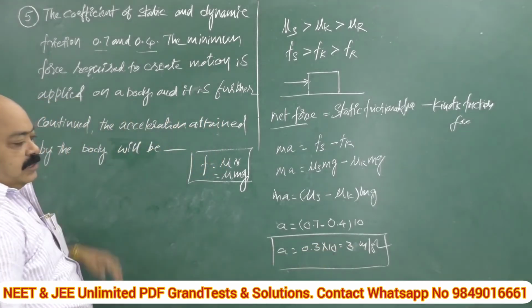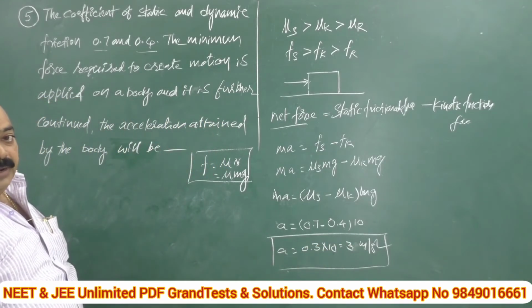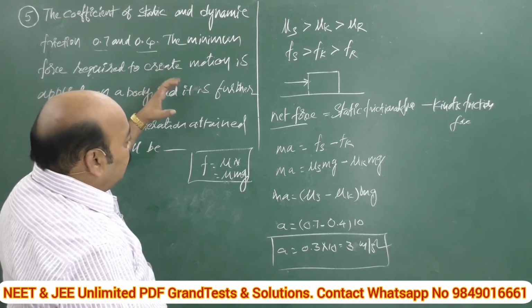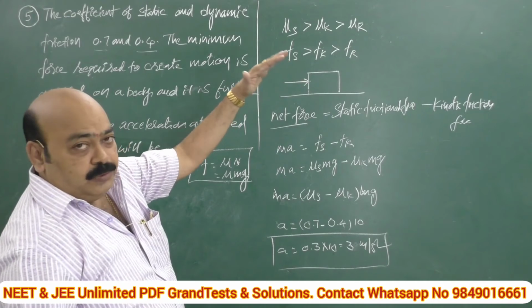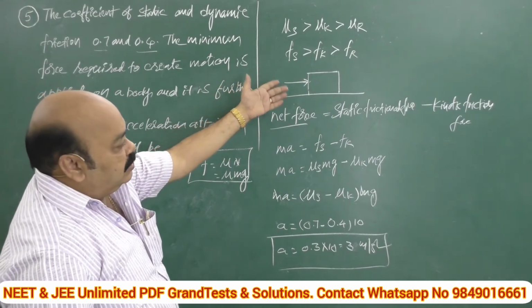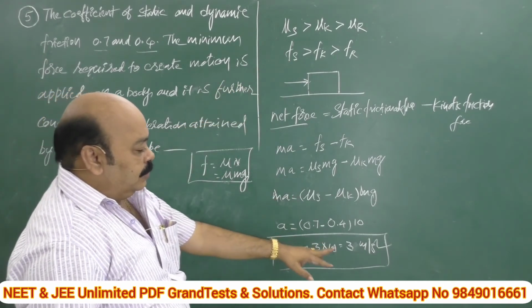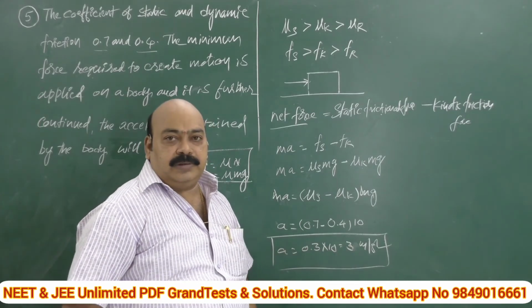It travels with an acceleration of 3 meter per second square. When a force is applied to start the motion of a body and the same is continued, this excess force will convert to acceleration, which is equivalent to 3 meter per second square.